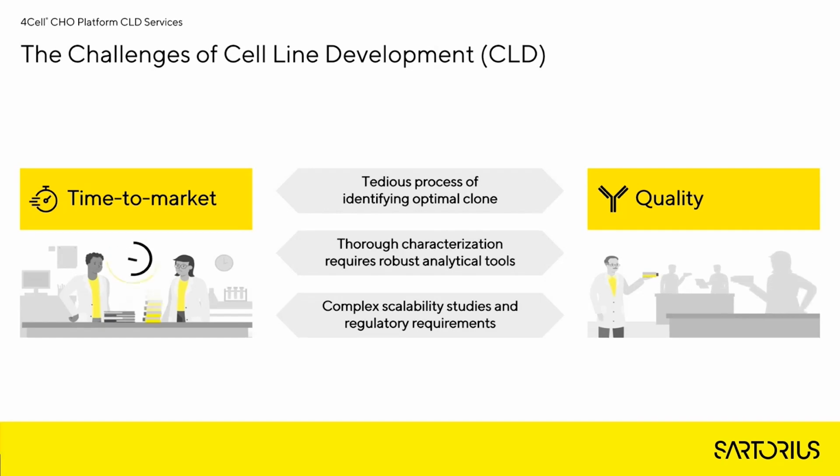Successful cell line development must complete the tedious process of identifying an optimal clone, as well as thorough characterization and scalability studies in a short time frame while meeting regulatory requirements.